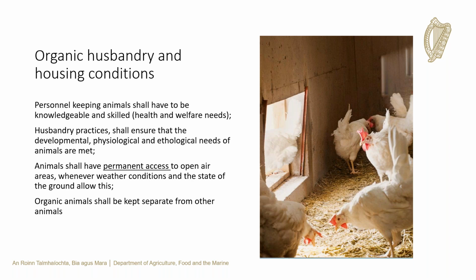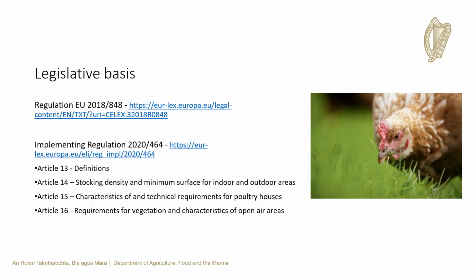The husbandry should be designed so that the developmental, physiological and ethological needs of animals are met, and animals should have permanent access to open air areas whenever weather conditions and state of the ground allow this. And also organic animals should be kept separate from other animals. So that's the basic premise of all organic husbandry and housing conditions, really.